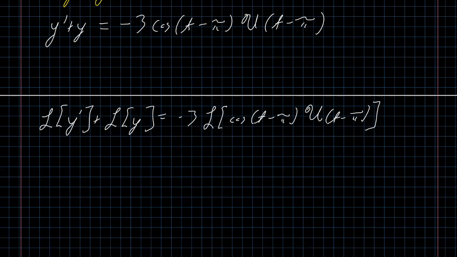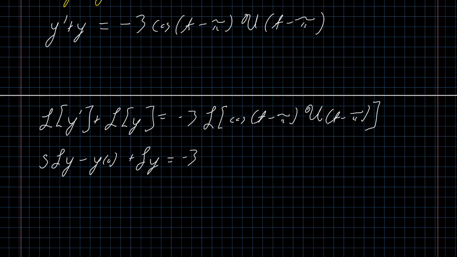Using the tools that we've talked about previously, the Laplace transform of y prime is going to be s times the Laplace transform of y minus y of 0. And then we have the Laplace transform of y.